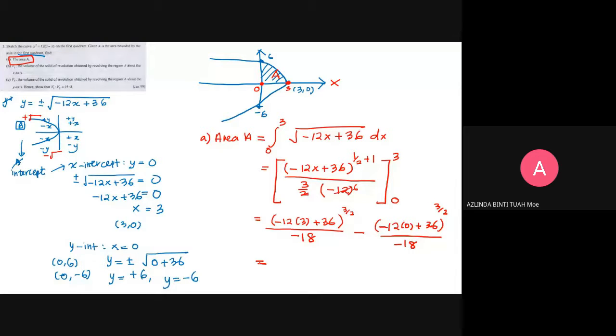Ada Marul Akmal, BC6? Ada, madam. Okay, what is the answer? Tell me. Wait, madam. Okay.